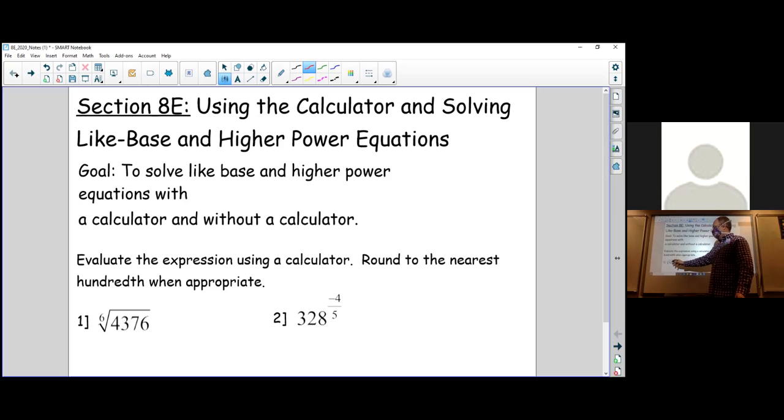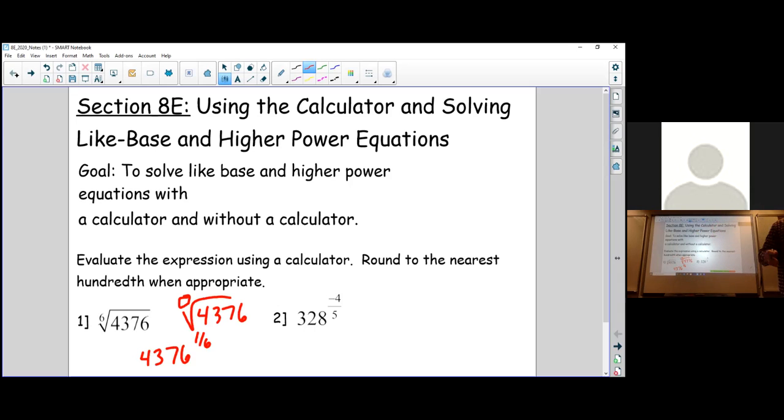Some calculators have a button that allows this, with a little box where you put a 6. If your calculator doesn't have that, you can also recognize that this is the same thing as 4376 to the 1/6 power. So now let's look at where it works on the calculator.